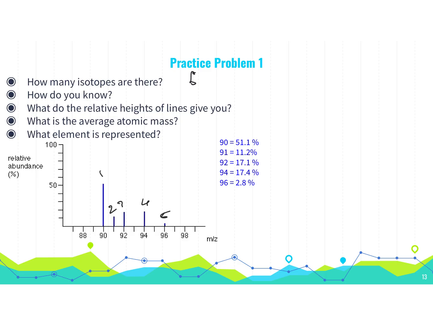The number of peaks in the mass spectrum is equal to the number of isotopes, so we just count the peaks. Simple enough. What do the relative heights of the lines give you? As I just said in the previous slide, the height of the lines will give you the relative abundance in relation to the other ones.